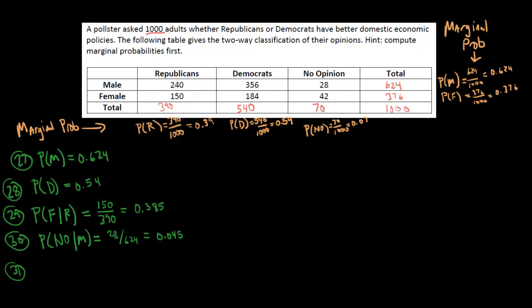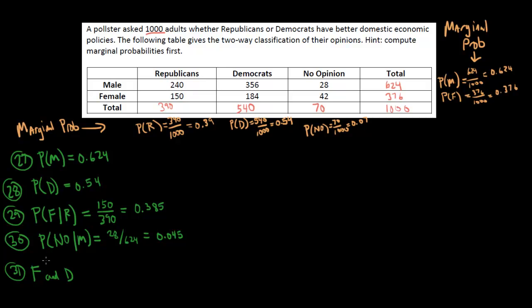So I'll write these down, the abbreviations here. Okay. The question says, are female and Democrat mutually exclusive? Now remember, mutually exclusive means the two events cannot occur at the same time.